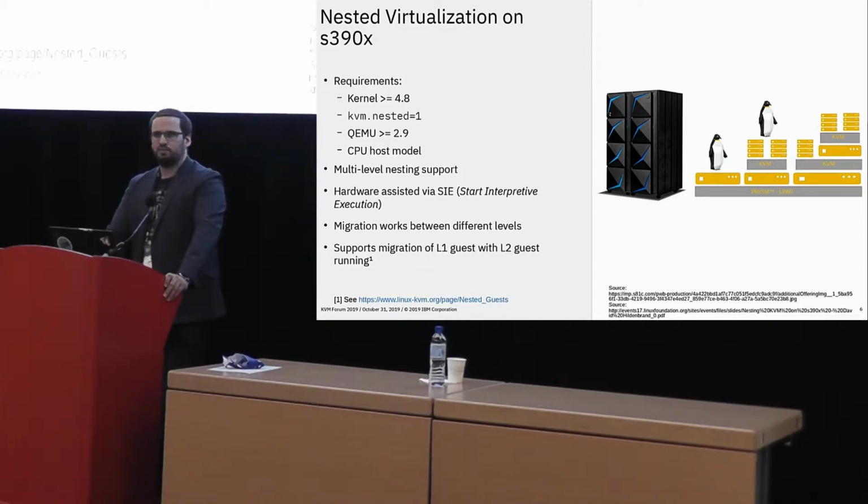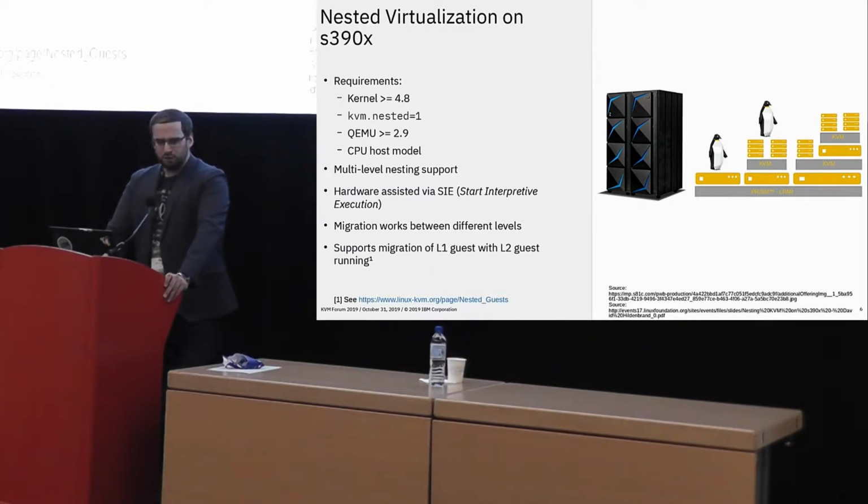On S390X, we support multi-level nesting, and as I have told you already, I've tried that up to level 6, 7, I think. And it will get slower the more levels you have. It's hardware assisted on S390X via SIE, and the migration works even between different levels, so you can migrate from a level 4 guest to a level 1 guest, and so on.